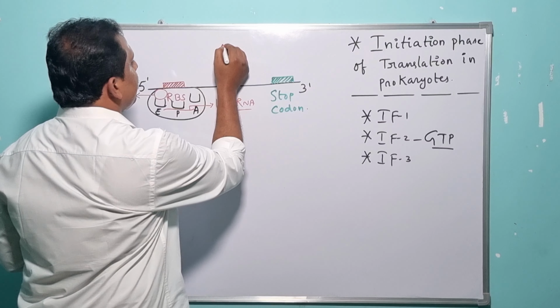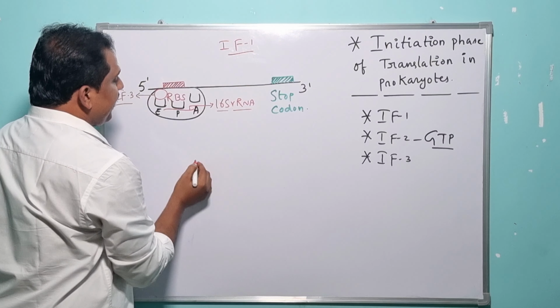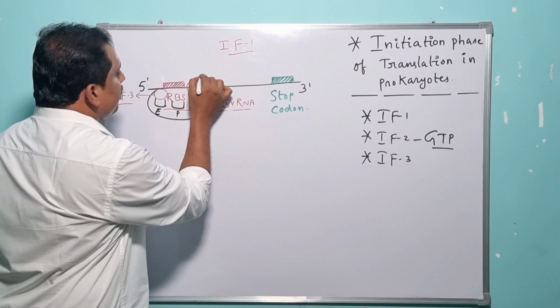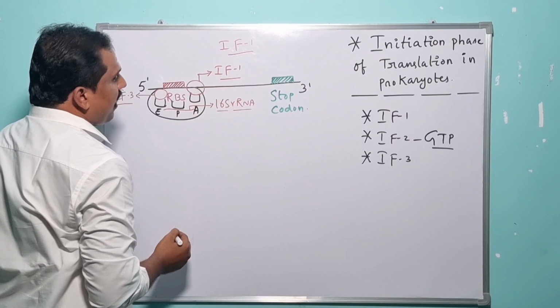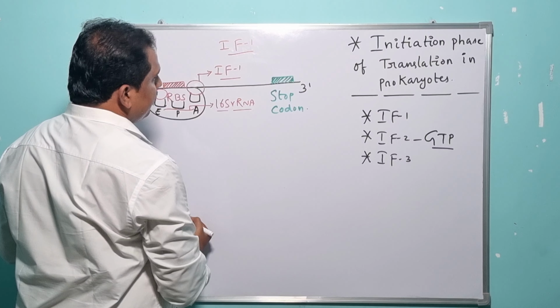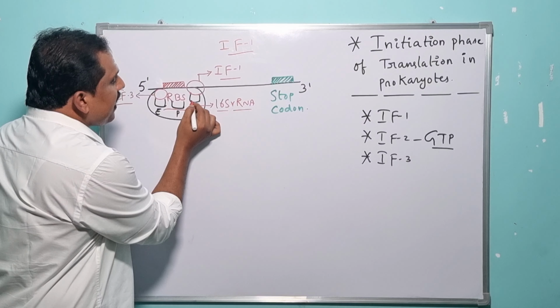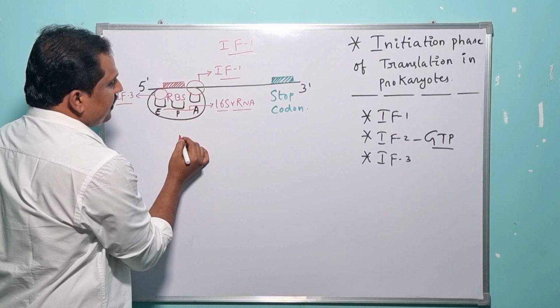Initiation factor 1 gets successfully recruited to the A site of the ribosome. And as I have already mentioned, the activity of initiation factor 1 will prevent the recruitment of the amino acyl tRNA to the A site of the ribosome during the initiation phase.